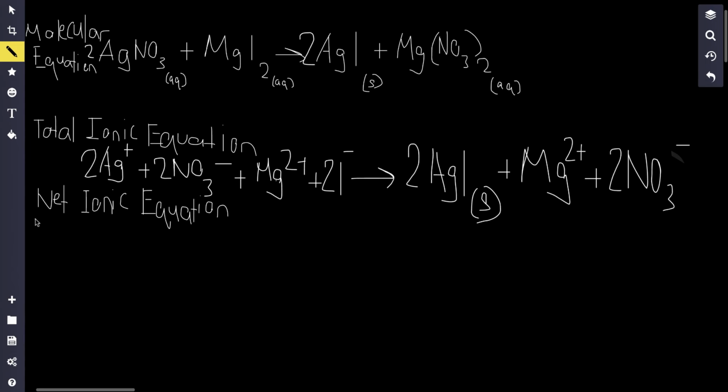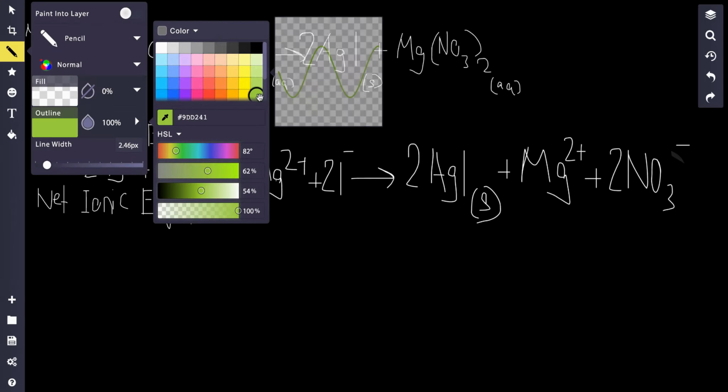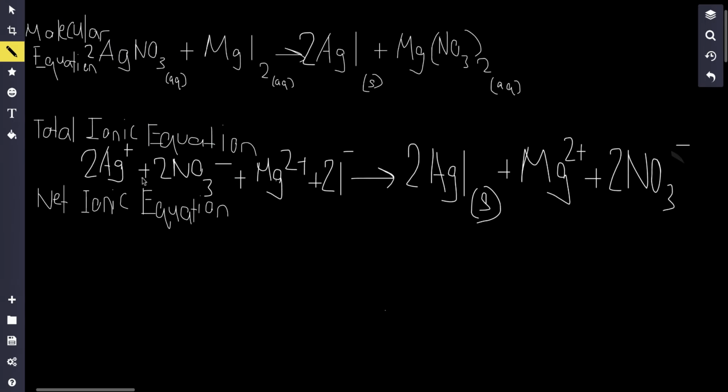Now, the net ionic equation basically just tells you what actually reacts. Notice how when I write out the total ionic equation, there are some things that remain unchanged on both sides. For example, look at this 2 NO3 minus here, and there's a 2 NO3 minus on the other side. There's an Mg2 plus on this side, and there's Mg2 plus on this side, right?